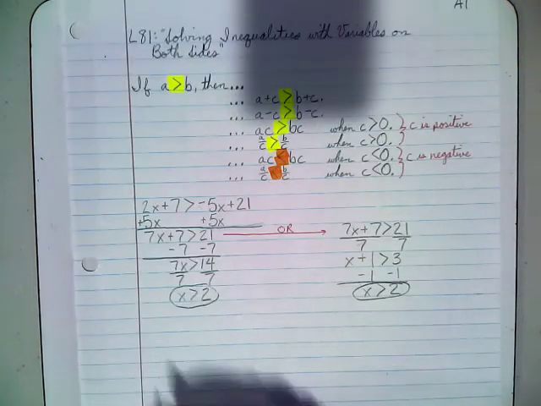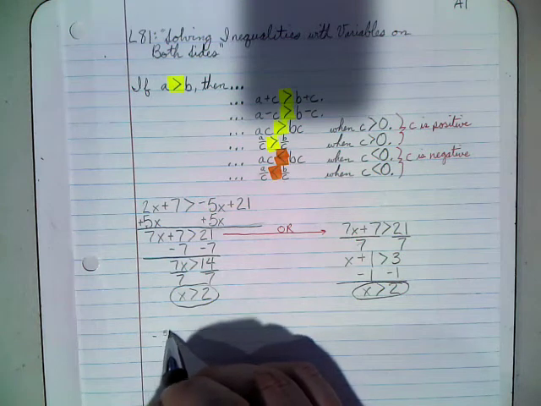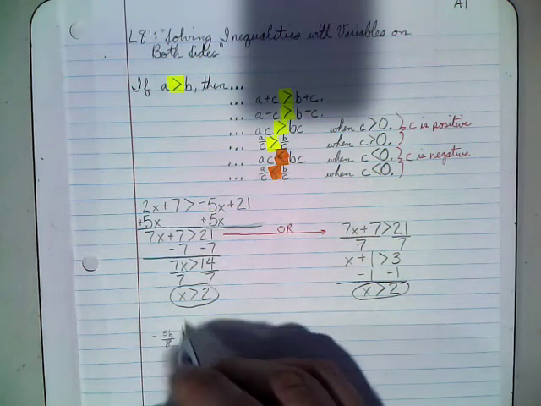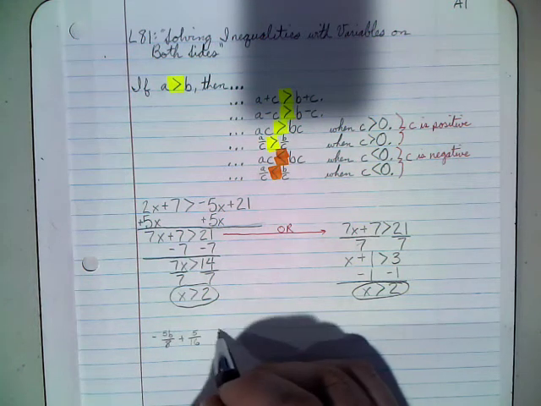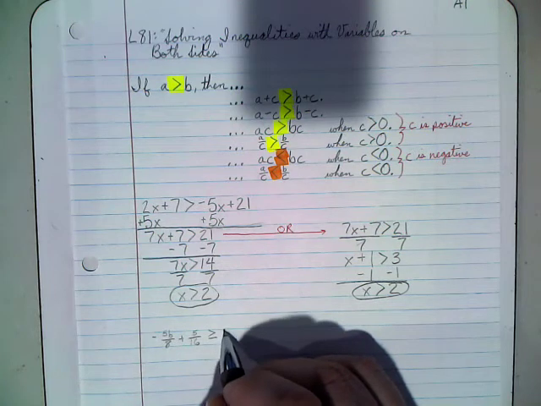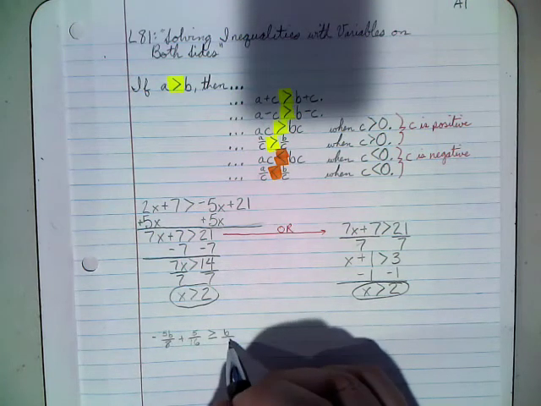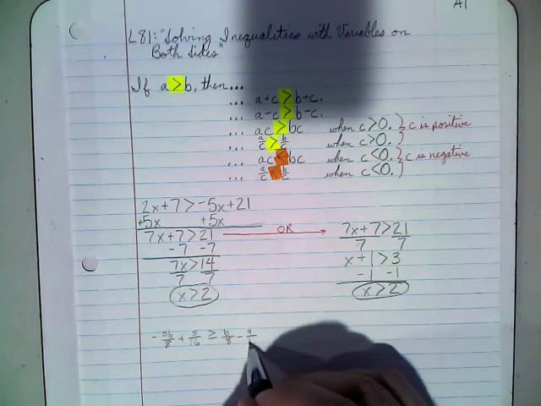For our next example, we're going to take a look at negative 5b over 8 plus 5/16, and that will be greater than or equal to b over 8 minus 9 over 16.